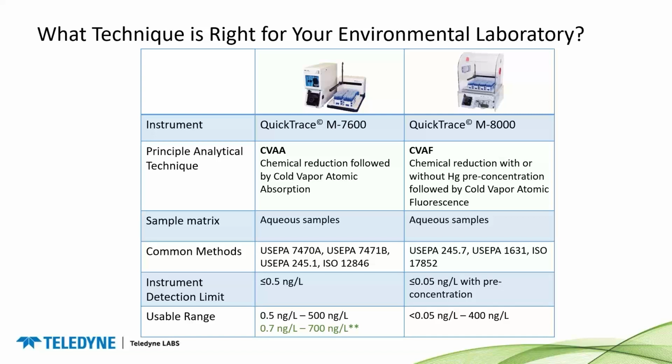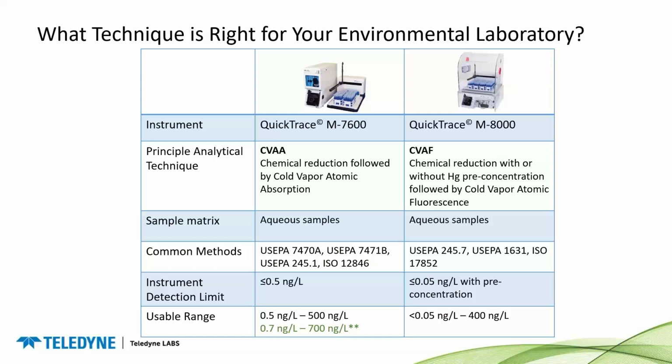So this pre-concentrates the mercury before it's sent to the detector, which allows for ultra-trace detection limits of less than 0.05 nanograms per liter. And the multiple modes also give it a usable range spanning multiple orders of magnitude, so from 0.05 nanograms per liter up to 400 nanograms per liter.